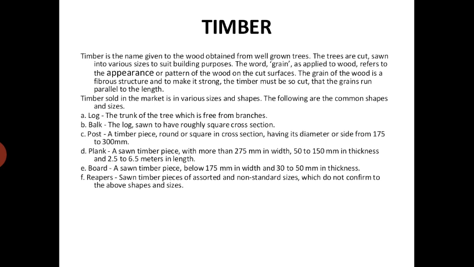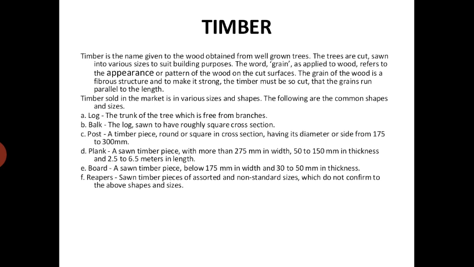Number 2 is baulk: the log sawn to have roughly square cross section. Number 3 is post: a timber piece round or square in cross section having its diameter or side from 175 to 300 mm. Number 4, plank.